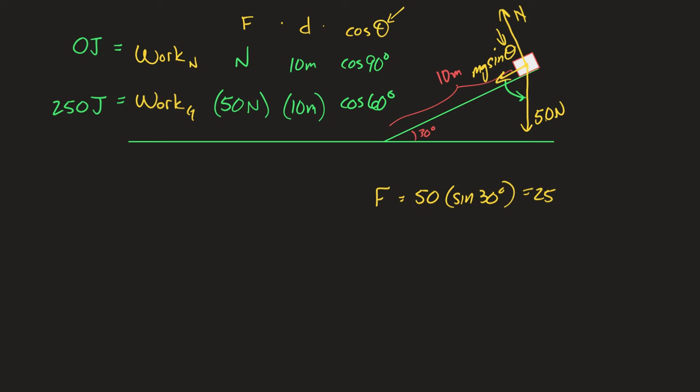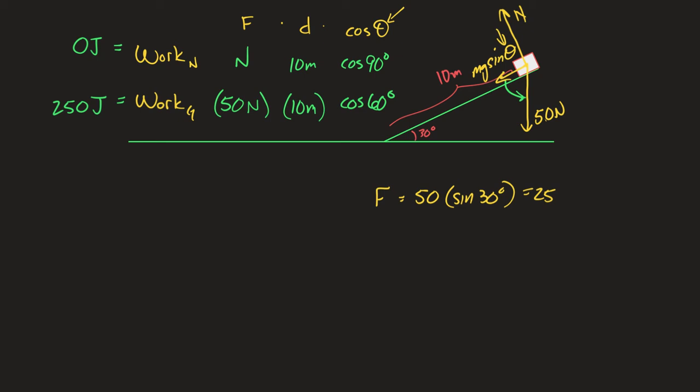If I look at just this component going down the ramp, getting back to this, look, the weight of the object down the ramp was 25 newtons, and the ramp is 10 meters long. If I just talk about the component of the force going down the ramp, do you see I also get 250 joules of energy? It doesn't really matter how you slice this thing up. You're going to get the same answers all the time.